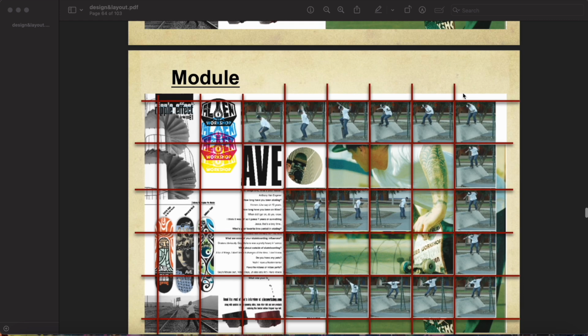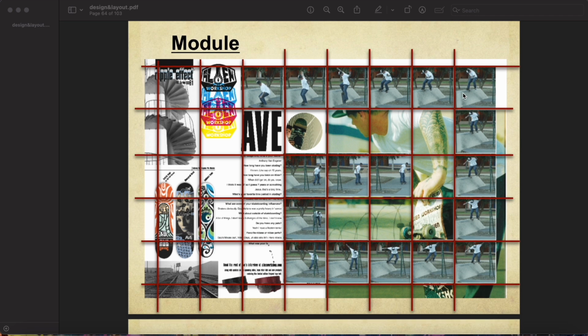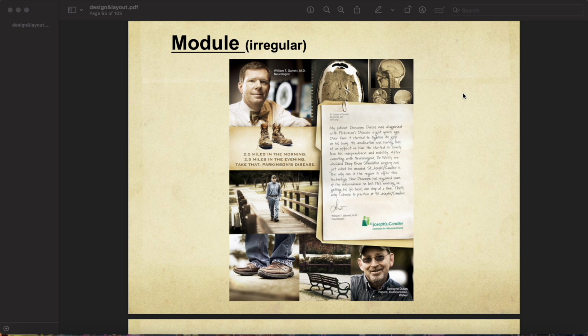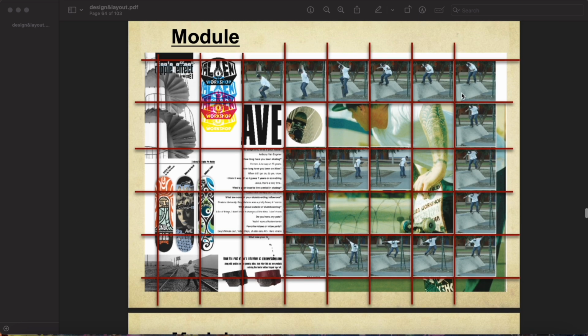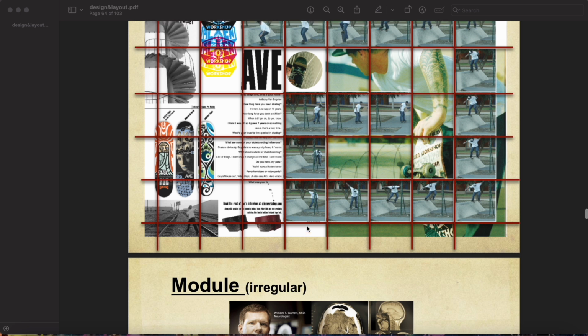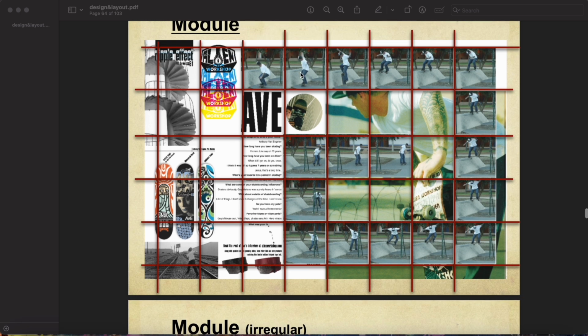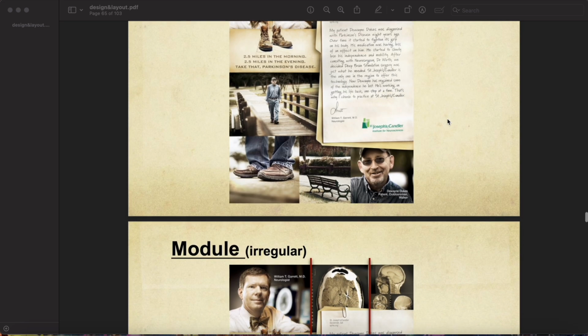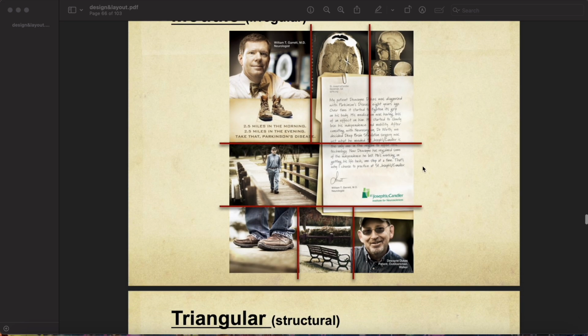So this is the breakdown of module. Then we have irregular module, where it's not so much sticking to an extreme grid pattern. I mean, it is a grid pattern, but the grids aren't the same. These grid windows are the same size. In an irregular module, the grid windows are different sizes.